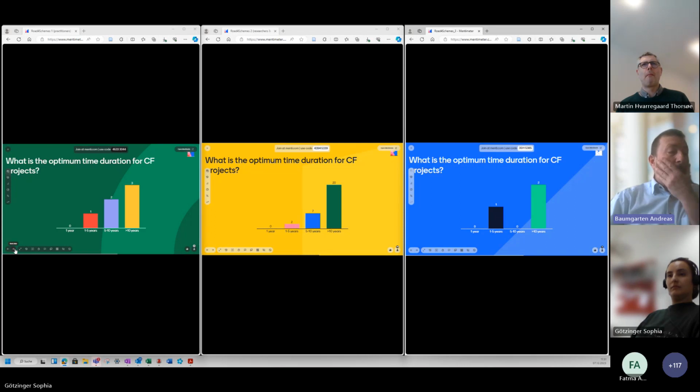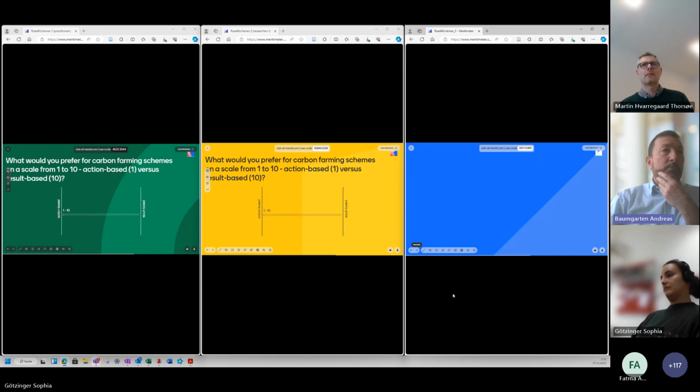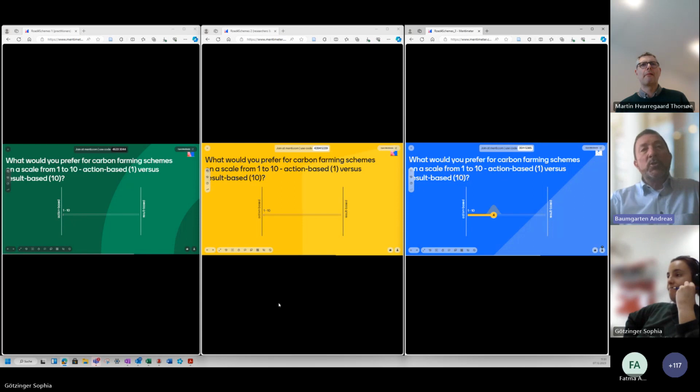And the next question would then be, we have been thinking of the duration, but we have to prove somehow what the effect is. And we have been discussing, on the one hand, action-based, and on the other hand, result-based. And you have the possibility now to rank. So if you strictly stick to an action-based system, please use 1.